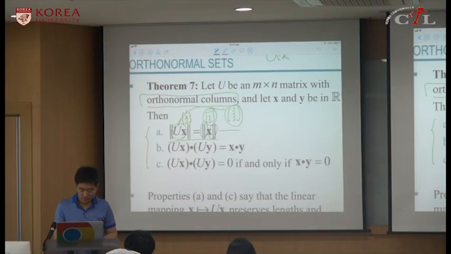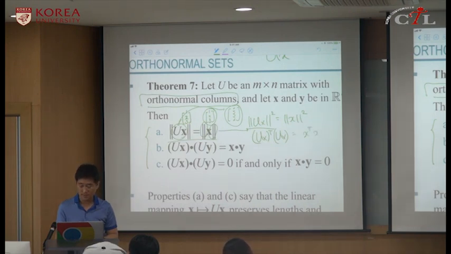And let's look at the proof briefly. So the proof is simple. We first take the square of it. Okay, and then this is represented as (Ux) transpose (Ux), because once we take the square of the norm, we can change it into the inner product with itself.